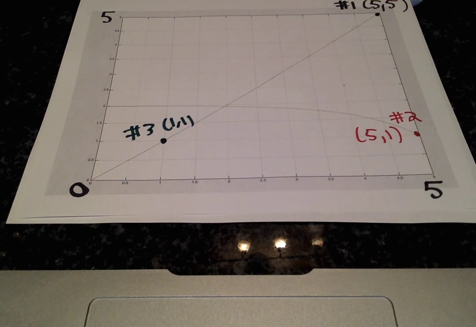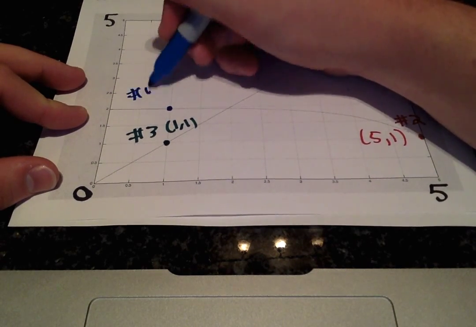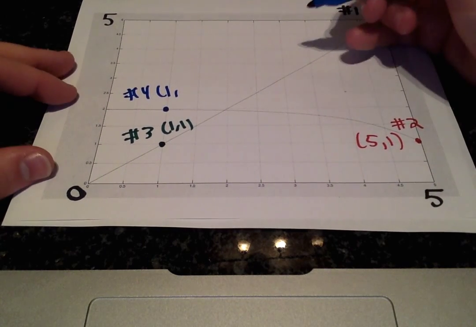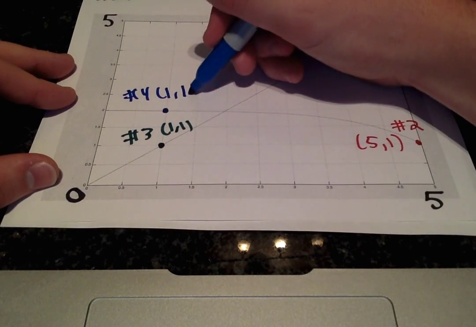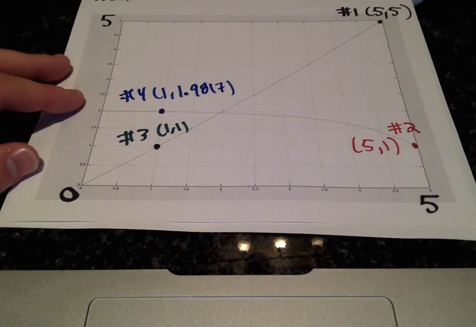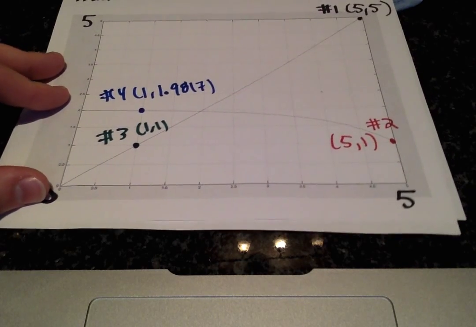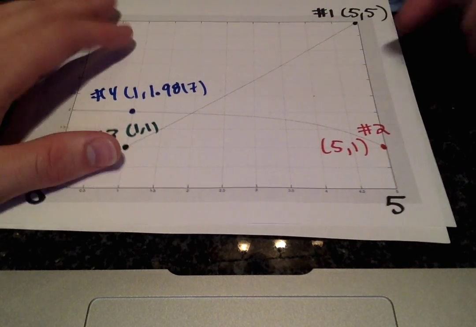And our fourth and final point that we'll be plotting was right here, which is 1, 1.9817. And another thing people often do is when they're going from one point to the next, they'll draw arrows to show that spiral-like motion.